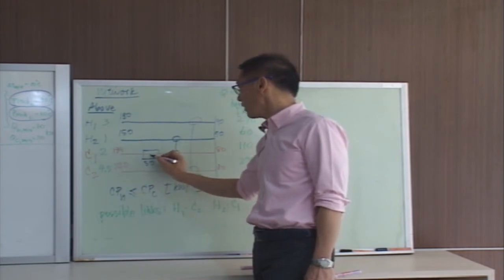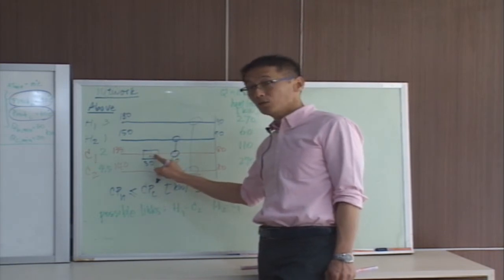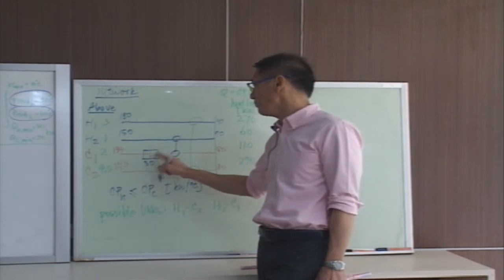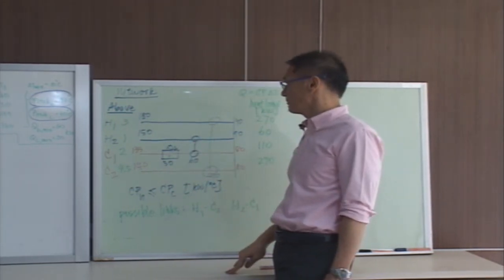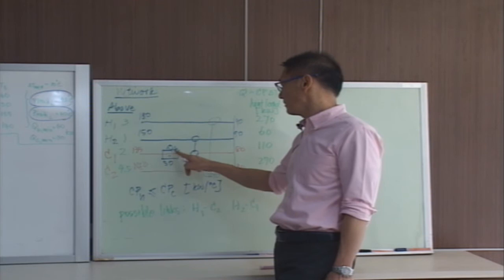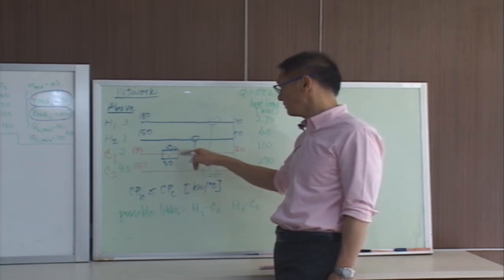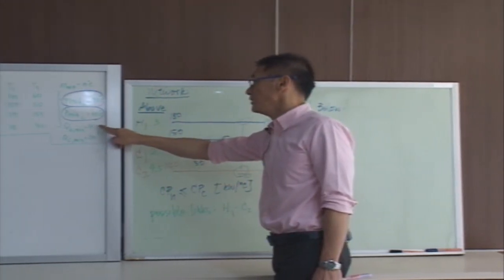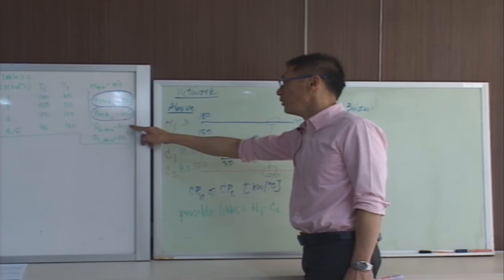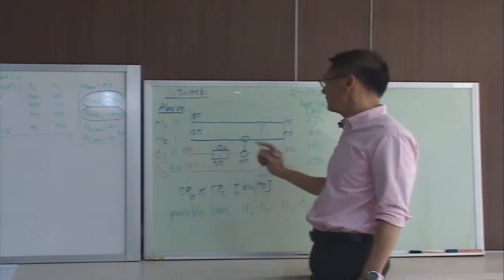So this utility that we need to add into the system must be QH. And this QH, the hot utility, looks similar to the one that we got from the cascade or graphical method based on the minimum values. So it looks nice.